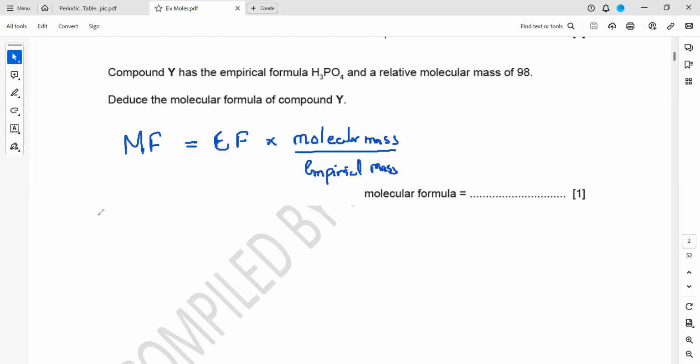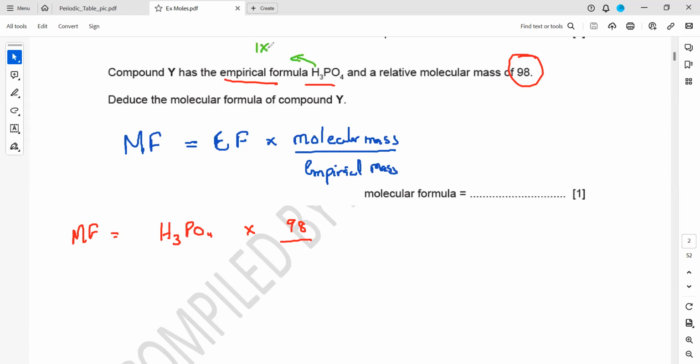So for the molecular formula, the empirical formula of the compound is H3PO4, times the molecular mass. What is the molecular mass? That's given, 98. And what about the empirical mass? You get the empirical mass from the empirical formula.